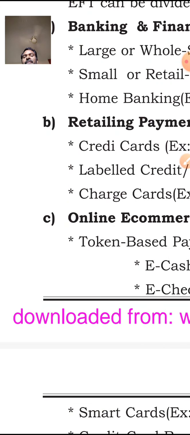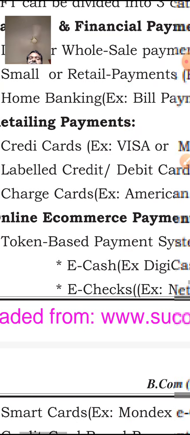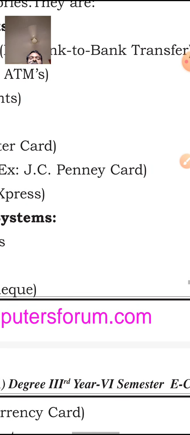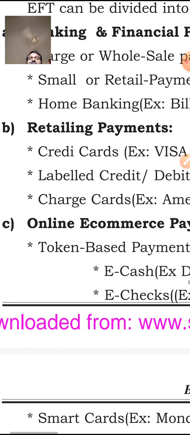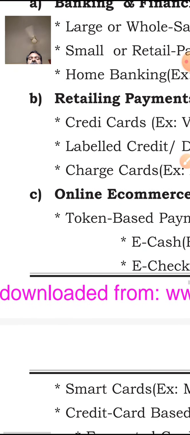All these three types of cards are used in the retailing payment system. The credit cards examples are Visa, MasterCard and RuPay; labeled credit, that means debit and credit both, is the example of JC Penny cards; and the third one is charge cards, with American Express as the example.